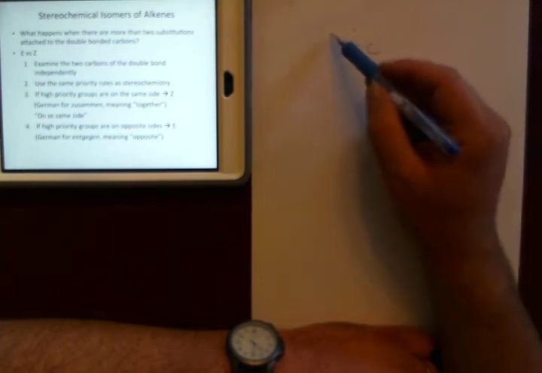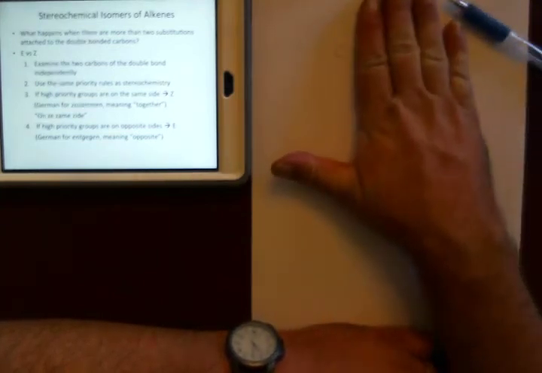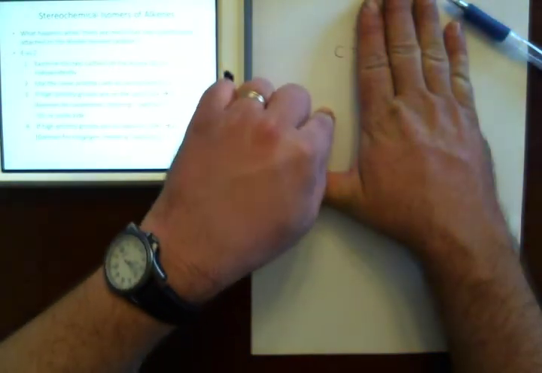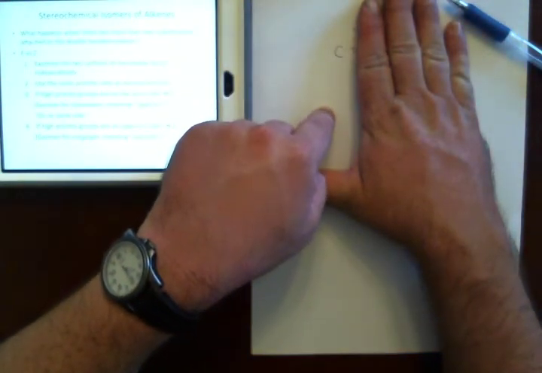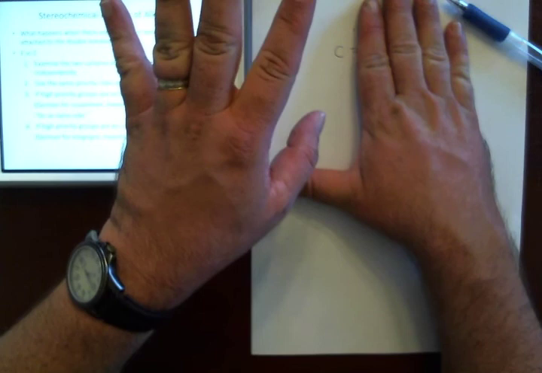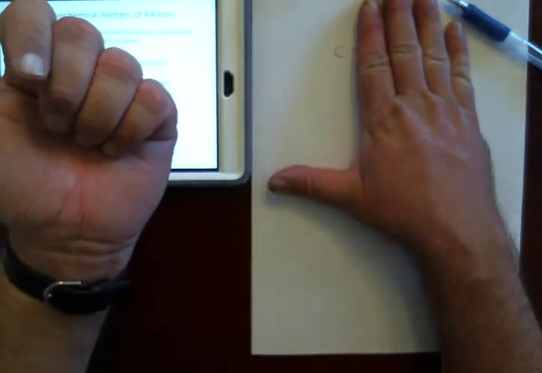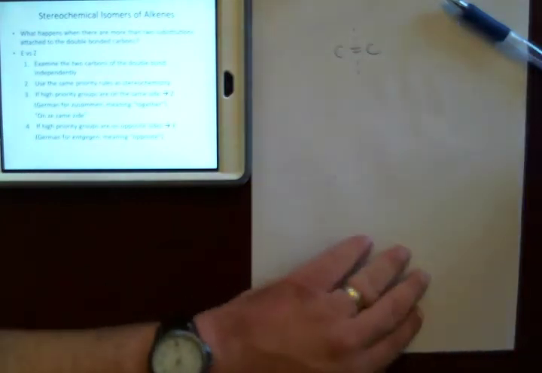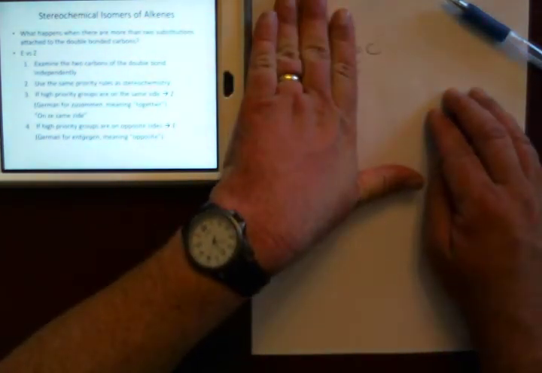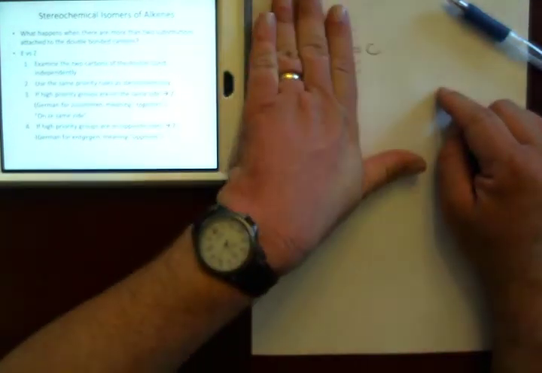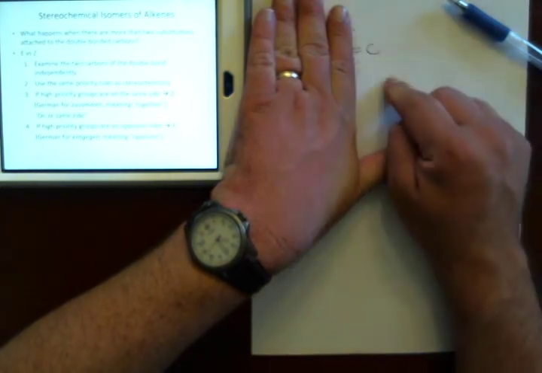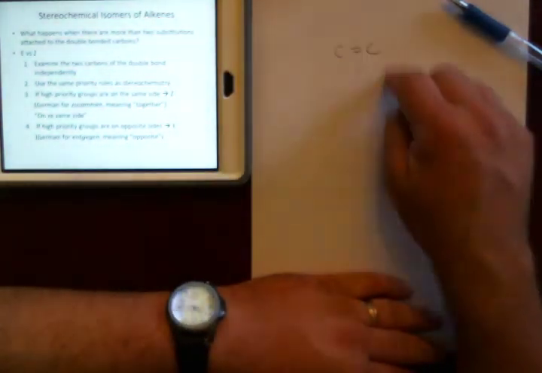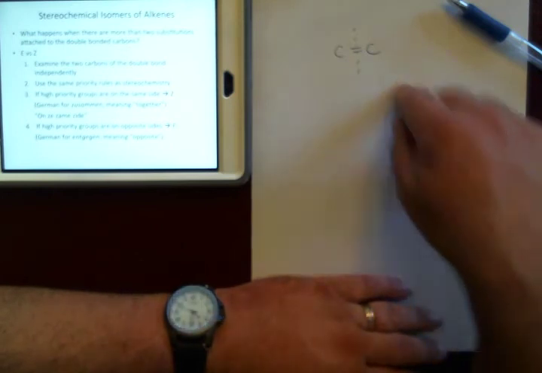Then you cover up one side and apply the Cahn-Ingold-Prelog rules, just like we had in the R and the S, to set which is the higher priority and which is the lower priority. Then you reset yourself, cover up this side and do the same thing. You take your hand away and you say, where are the higher priority things?